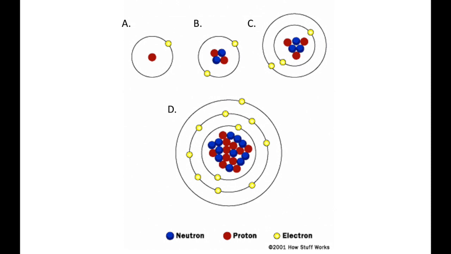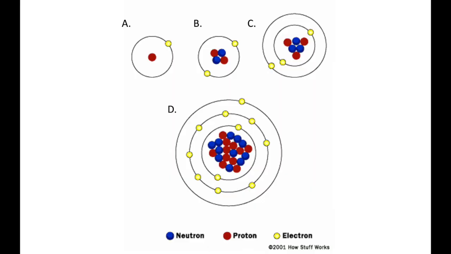You might have said beryllium, because beryllium has the number 4. I see 4 particles in the nucleus. But for the atomic number, we are only interested in the protons. So that black box shows us how many protons are in our atom.